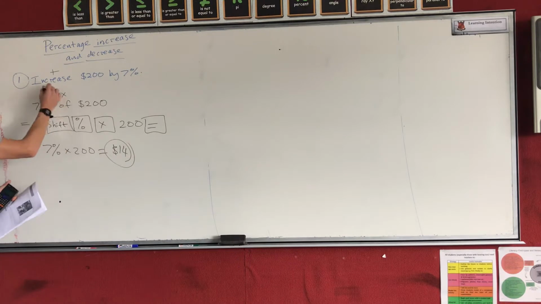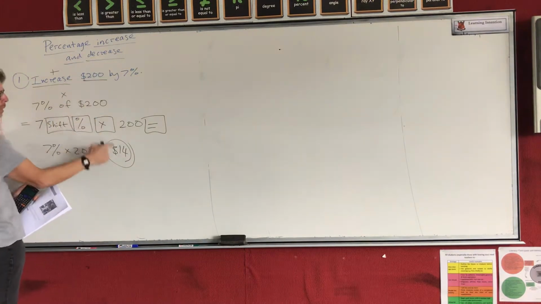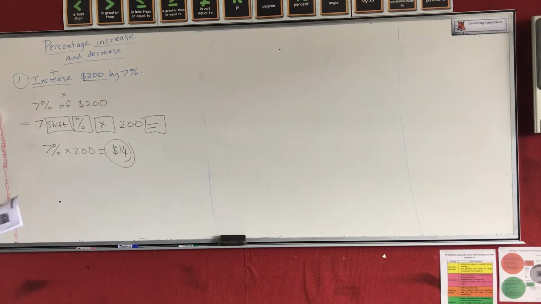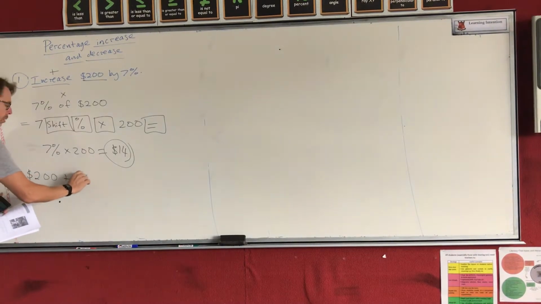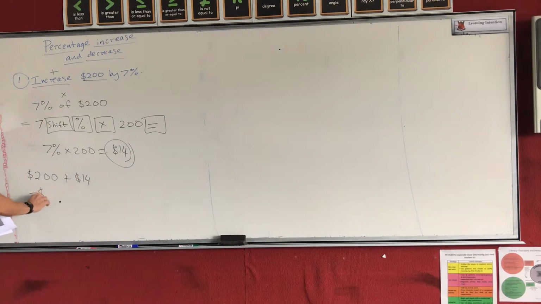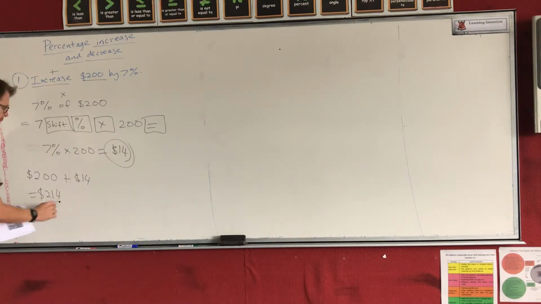You're making $200 bigger by 14. So we go $200 plus $14 equals $214. That's your answer.